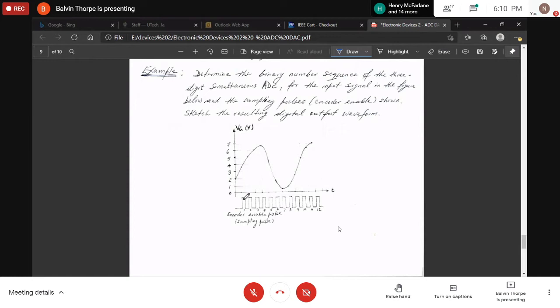So you check and you say, okay, if the input signal at this interval of time is, say, 3, let's say right here, then it is going to tell the encoder to convert this value of 3 when it was sampled right here. It is a 3 because, remember how the comparator works?